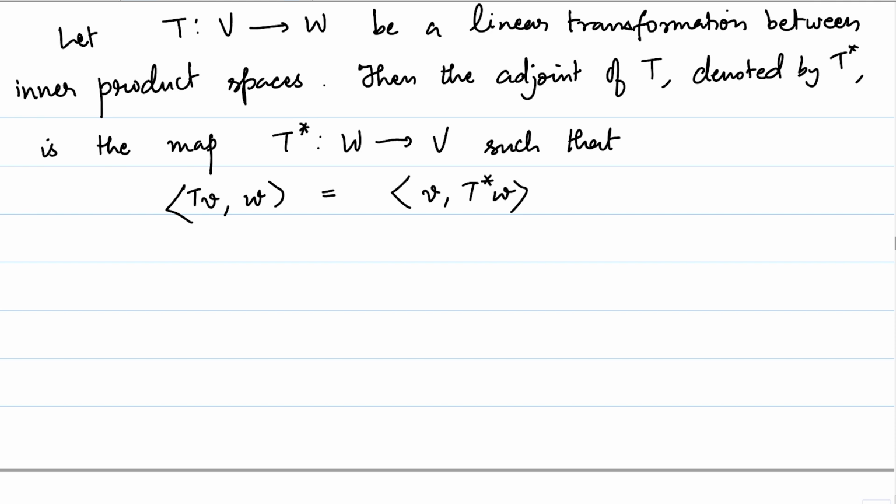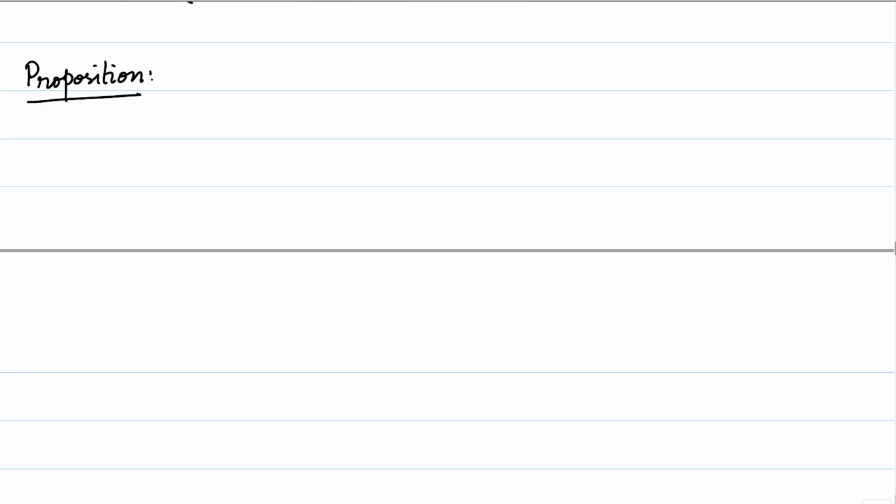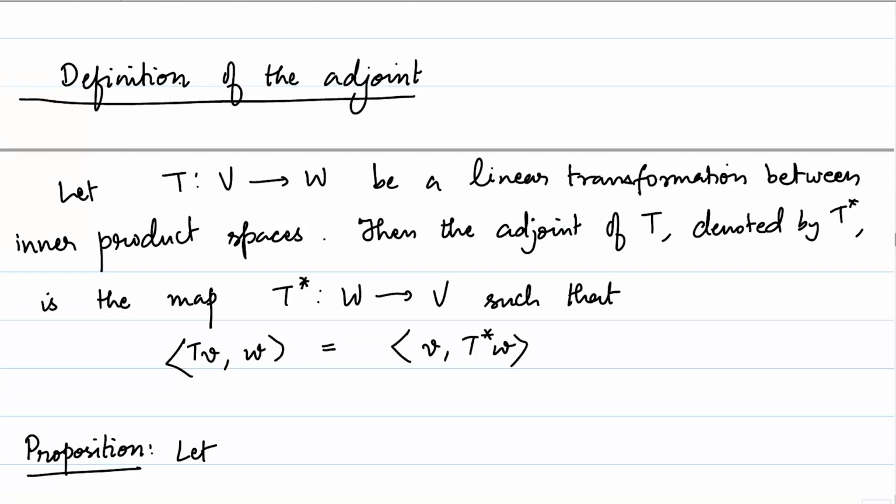The next proposition, which I was about to state a few minutes back, let me now state it. It states that the adjoint of a given linear transformation between inner product spaces will again be a linear transformation. So let me write it down. So let me just run over the definition for you once more. You start off with a linear transformation from V to W, where V and W are inner product spaces.